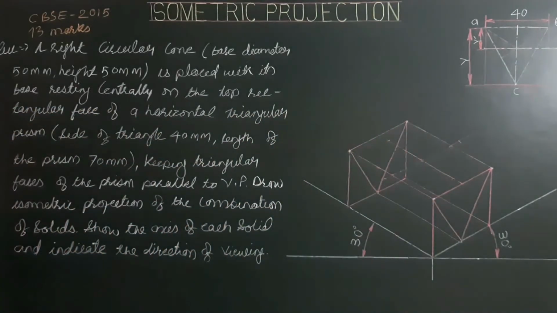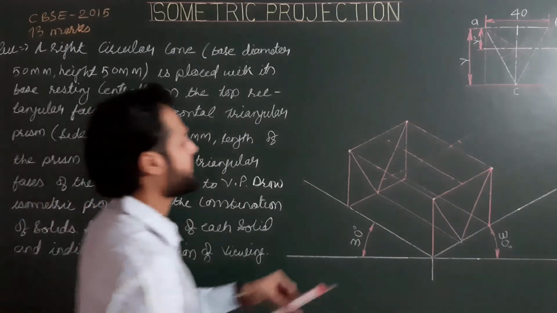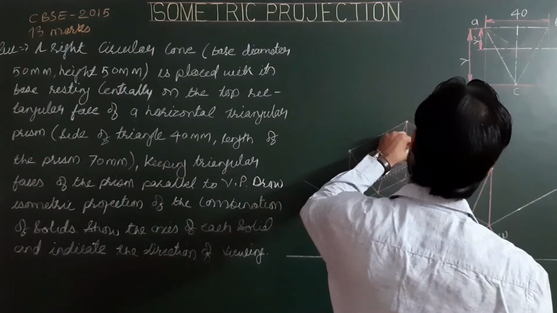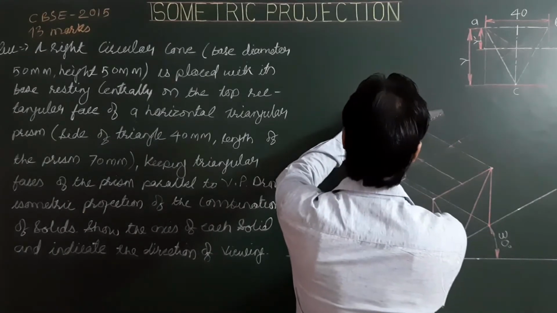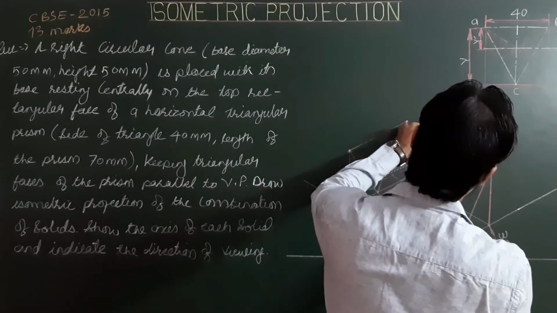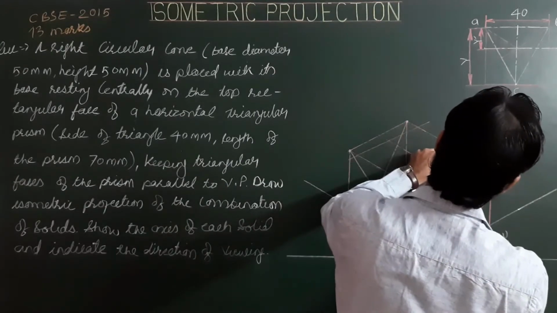So these are four limits, or 4 points. Now from all 4 points you have to draw lines parallel to first and second ISO axis.